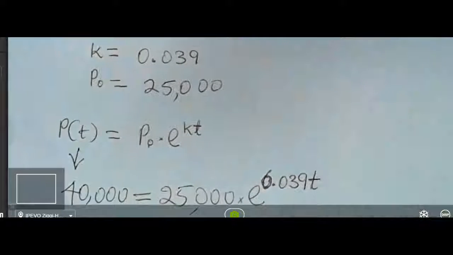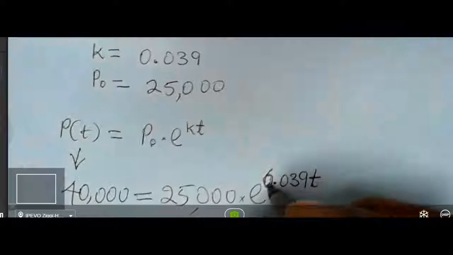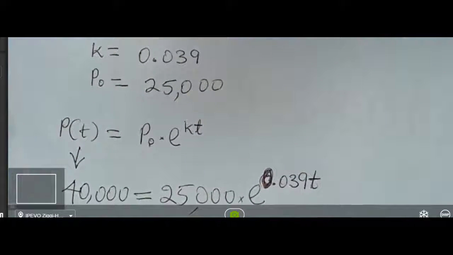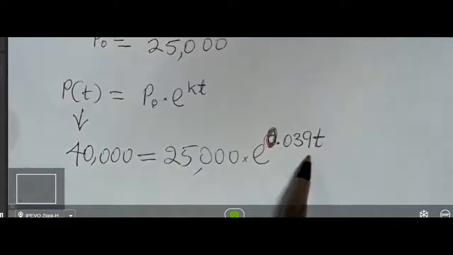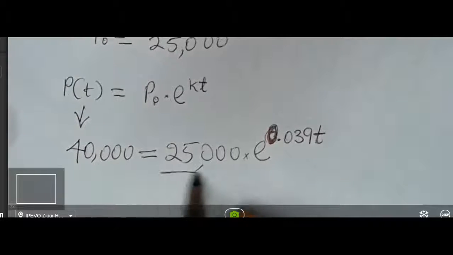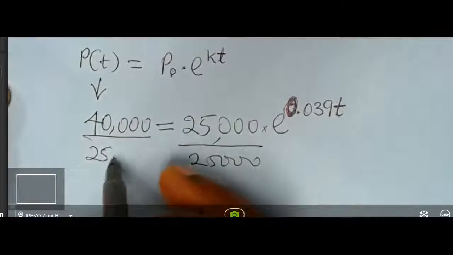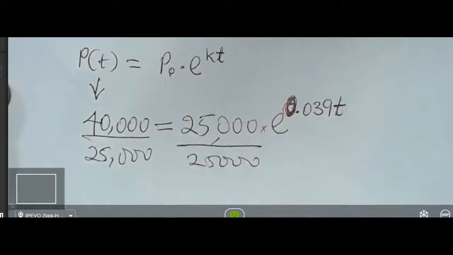We don't know t, so we put the variable there. All right, then we try to solve the equation for t. t is in the exponent. First of all, this is multiplication, so we go ahead and divide both sides by 25,000 to get rid of the 25,000.